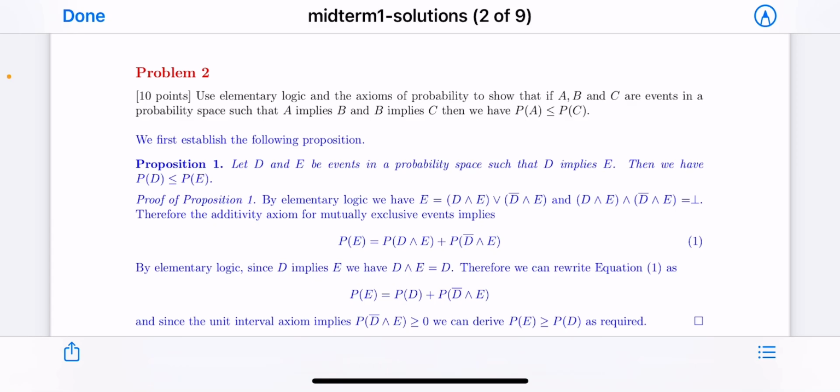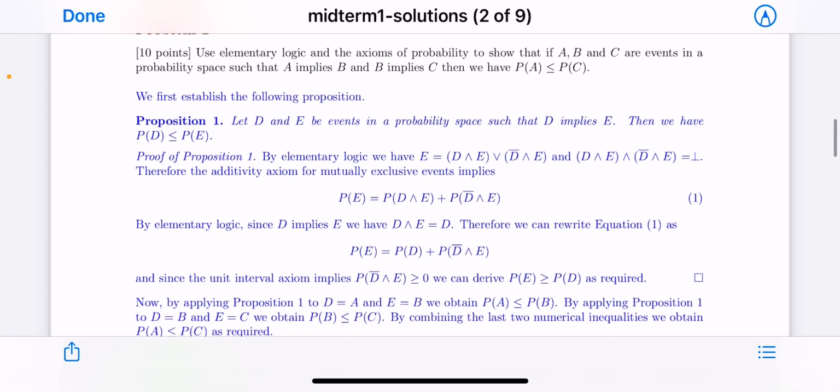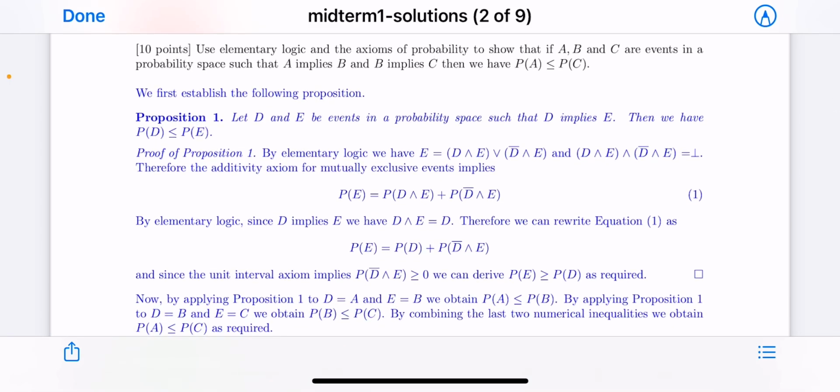But luckily, well, not luckily, because I was strategic in proving my proposition 1, I can now just reap the benefits and solve the problem I'm asked to solve in a very straightforward way by just citing what I already proved.